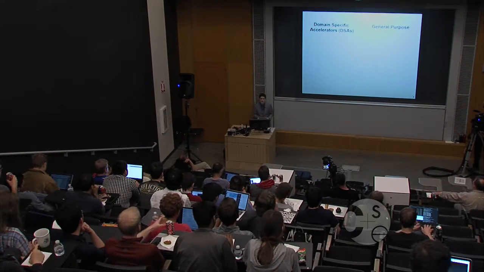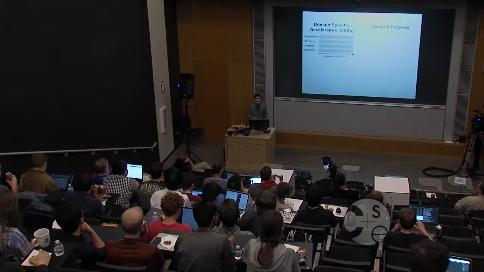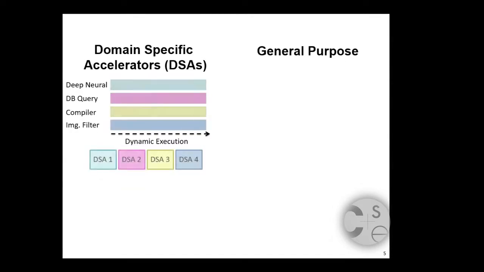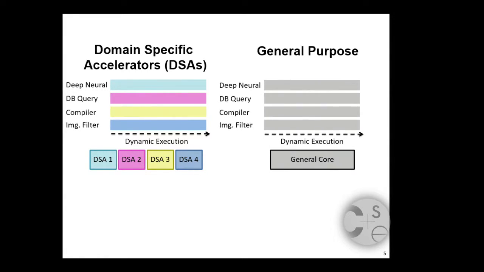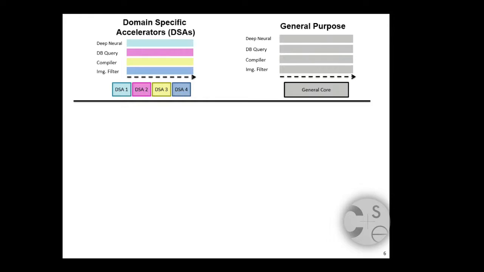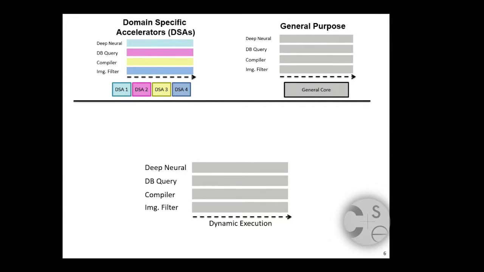So a domain-specific approach basically takes each application and treats its execution as unique and builds one domain-specific accelerator for each one. Whereas a general-purpose approach treats each application as essentially the same and builds one monolithic architecture to support all of them. However, what I'm arguing we can do is, if we look deeper at these applications, we'll find that there are phases of the program's execution that have striking similarities in terms of program behaviors.